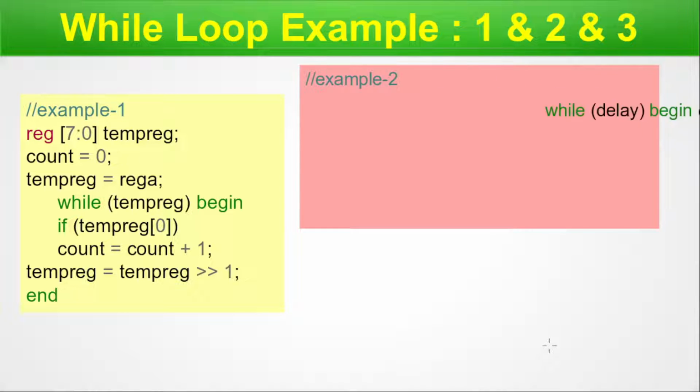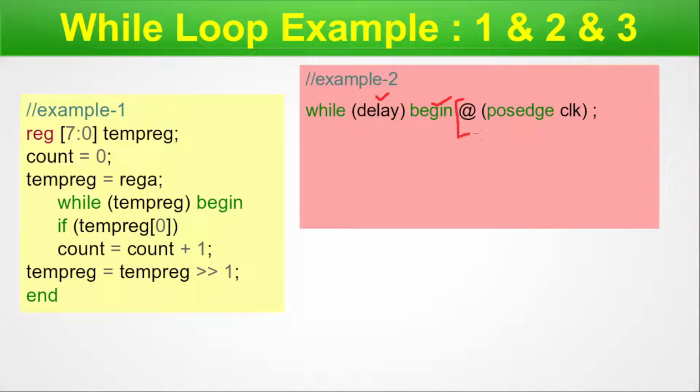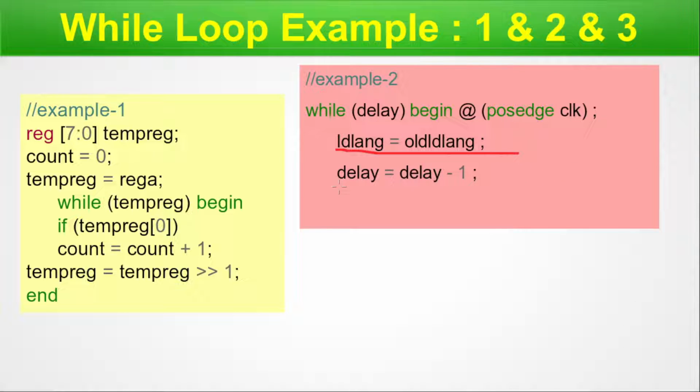We go to the second example. This is example 2, and here we have while delay has to be true, and we have begin, and we have @ posedge of clock. We have talked about this in the earlier slides. This is for the positive edge of the clock, so that has to happen. Then we have this statement, which executes once we enter this while loop. And the next statement is this, because we are not giving a design example.